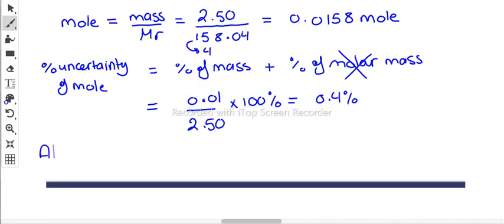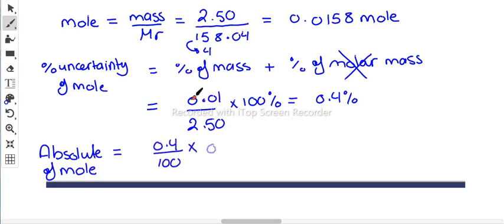Continuing with the absolute uncertainty, I'm going to take my percentage, which is 0.4, divide over 100, and multiply it by my mole number. And definitely I need to add the plus minus. Using the calculator, it is 6.32 times 10 to the power of -5 mole.